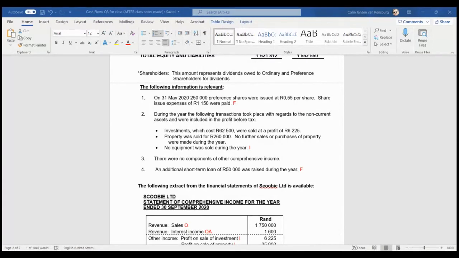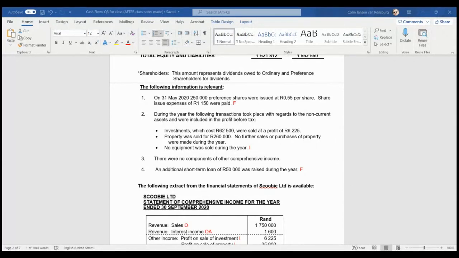That is, amongst other things, the reason why we did not adjust for the share issue expenses when we did our reconciling note, because that expense isn't part of our profit before tax. We can only adjust for items which were included in the profit before tax figure.